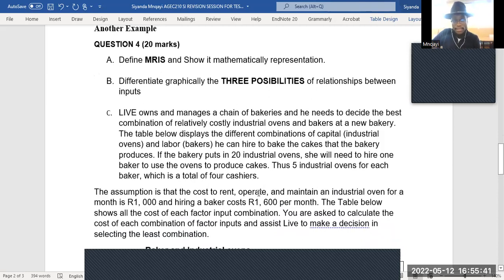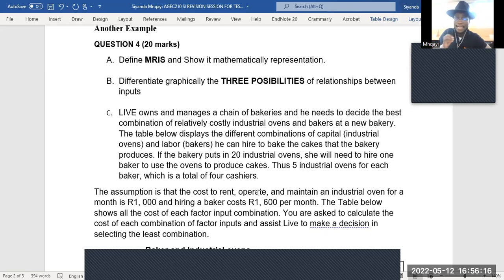This problem says Life owns and manages a chain of bakeries, and he needs to decide the best combination of relatively costly industrial ovens and bakers at a new bakery. The table below displays the different combinations of capital, or industrial ovens, and labor, or bakers, he can hire to bake the cakes that the bakery produces.